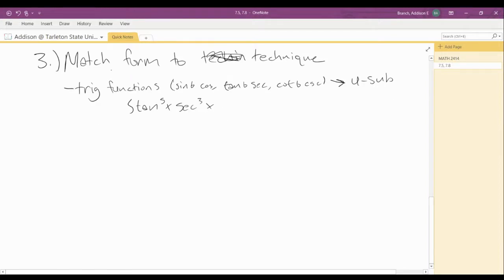The next way we can match this is if we have rational fractions. If we see that, we know that we probably need to do some sort of partial fractions.